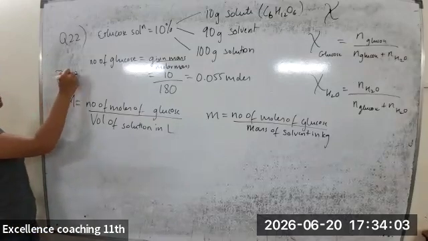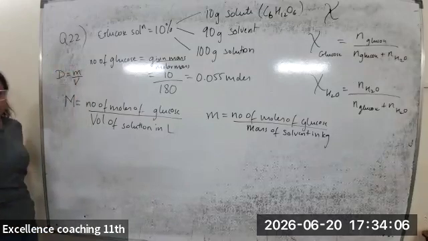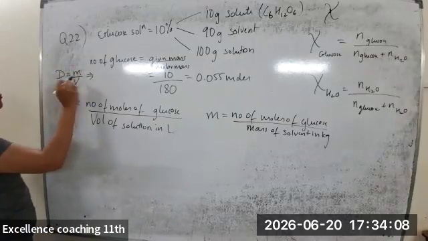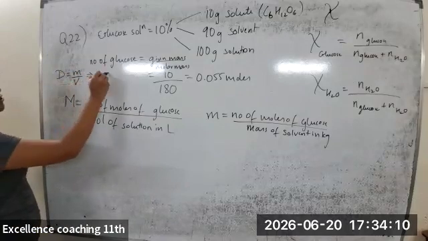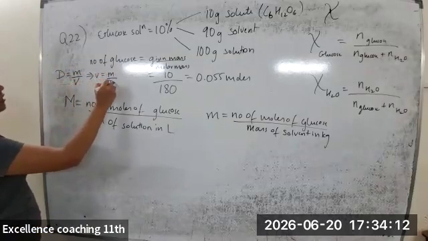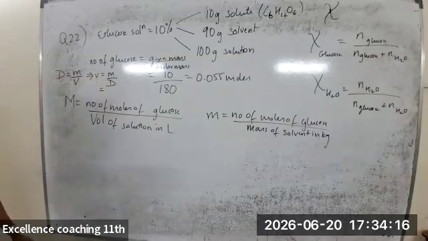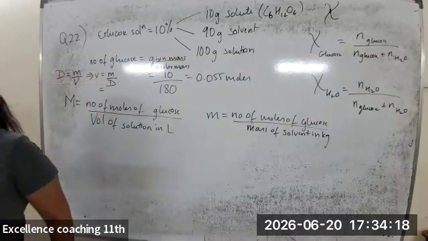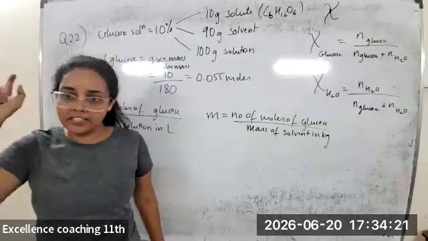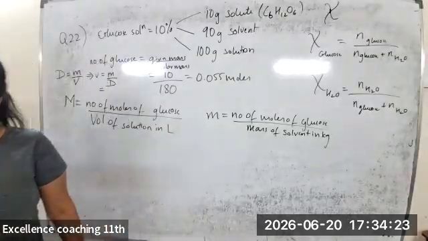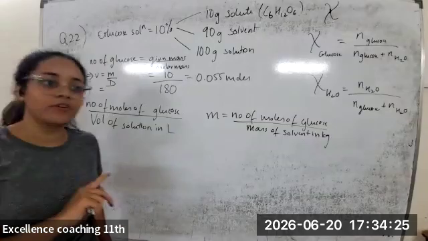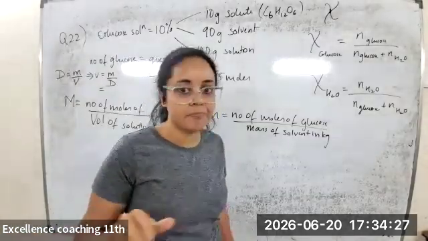So density is equal to mass upon volume. Now I want to find the volume, so let us rearrange. So mass upon density, right? So what mass will I take? I have three masses to take: one is 10, one is 90, one is 100 grams. Why do we take 100 grams in this case?